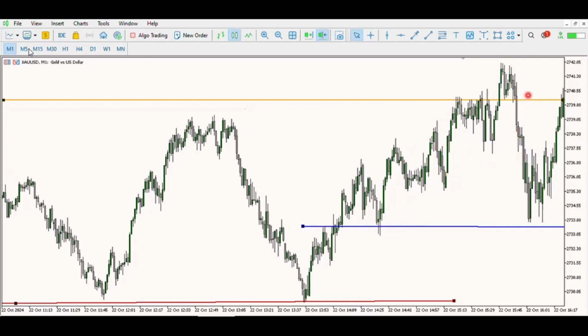And I mark this place, we mark this level because we are looking for a low-hanging fruit trade idea.